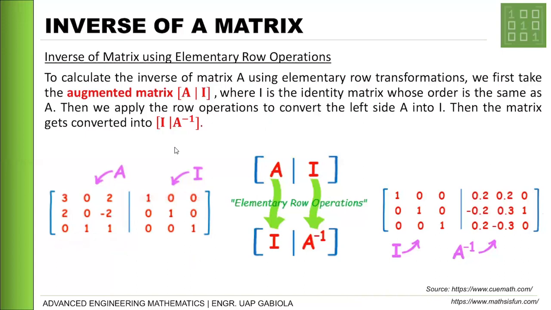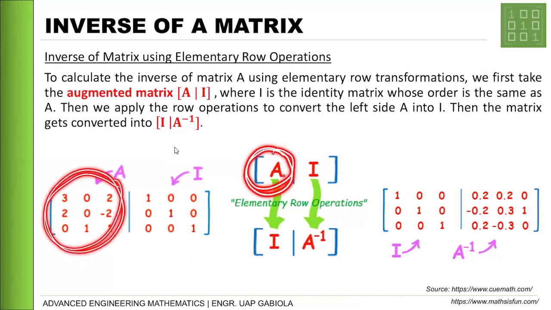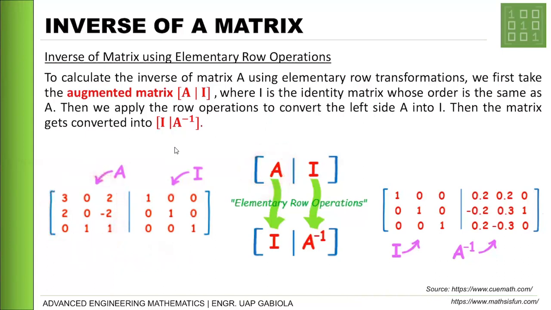And then, ang goal natin is yung original matrix A natin na nakalagay dito, ito yun. Ang goal natin, maging ang value niya is yung identity matrix natin. Kaya dito, nakalagay, ang goal niya, i-change natin siya sa identity matrix.